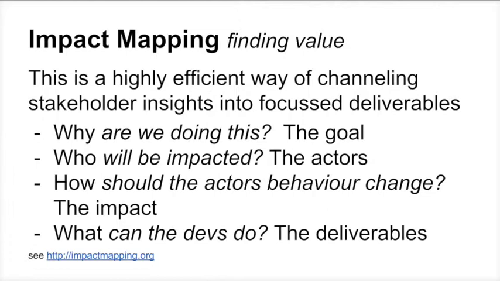First by asking what the goal is, then by identifying the key actors that the owners of the system want to impact, then questioning how the actors' behavior should change to identify the impact that's required here, and then finally from that translating those goals and envisioned impacts into features that the devs think they can concretely deliver.